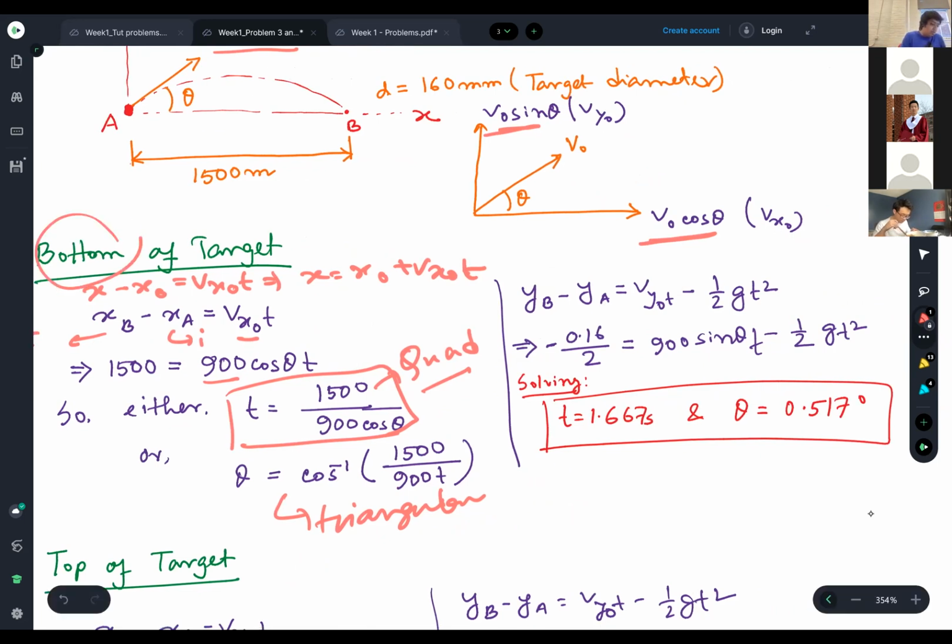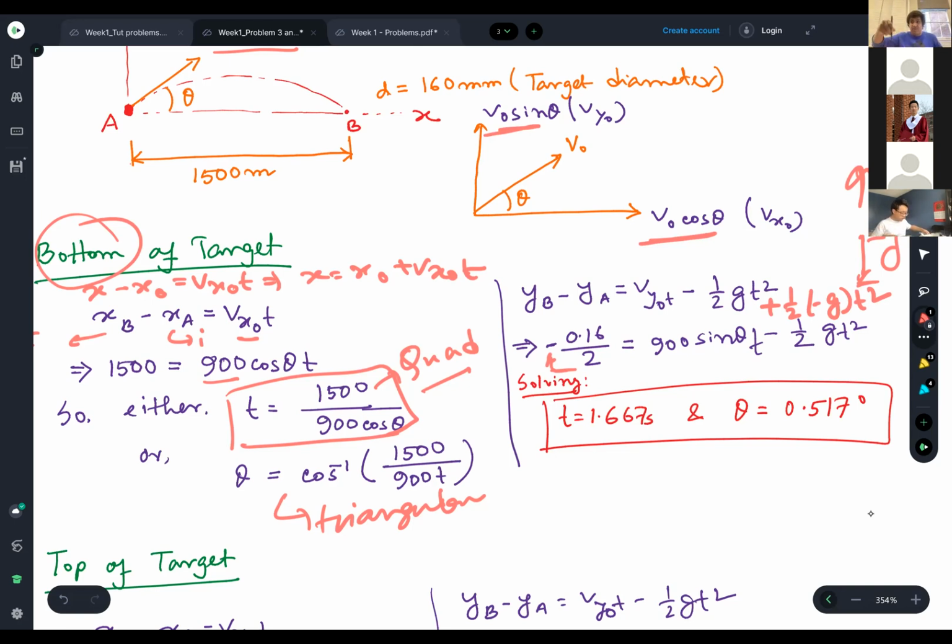We're talking about the bottom of the target. So our y is negative, as I mentioned earlier, since we considered upward is positive, and since we are coming to the bottom of the target, this is our negative portion, right? And as I explained to you why it should travel half of the diameter, you know that it's v naught sine theta t minus half g t squared.